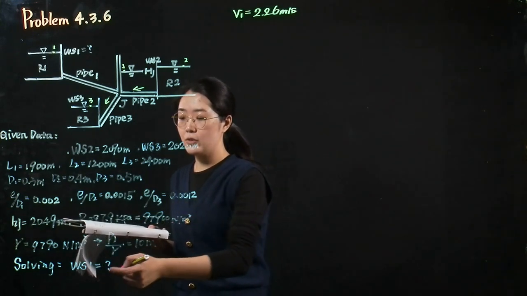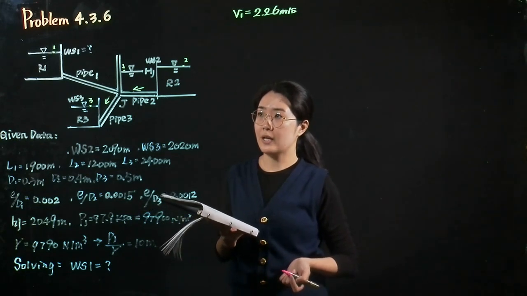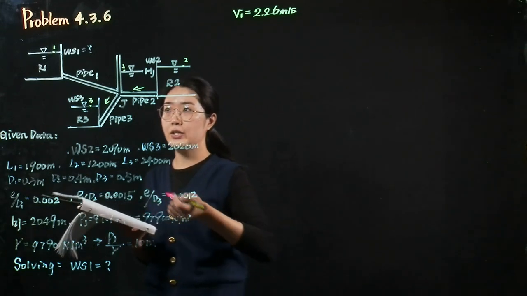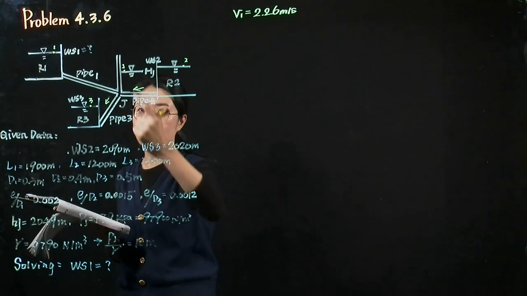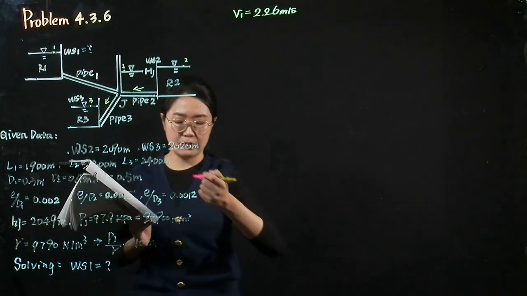Because this term can be found in the energy equation, the next step is to write down the energy equation for point 1 and joint point J. Point 1 is at the water surface.